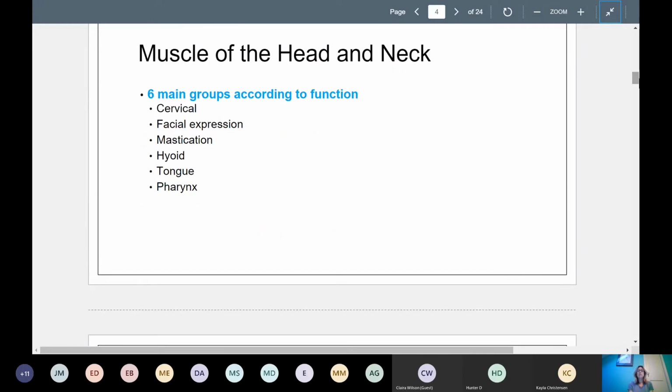So the muscles, there are 6 main groups according to their function. You've got your cervical, your facial expression. Your facial expression muscles give you the ability to smile and frown and wrinkle your forehead, things like that. Mastication muscles are for chewing. And then your hyoid muscles and pharynx, particularly your hyoid, helps you with swallowing.